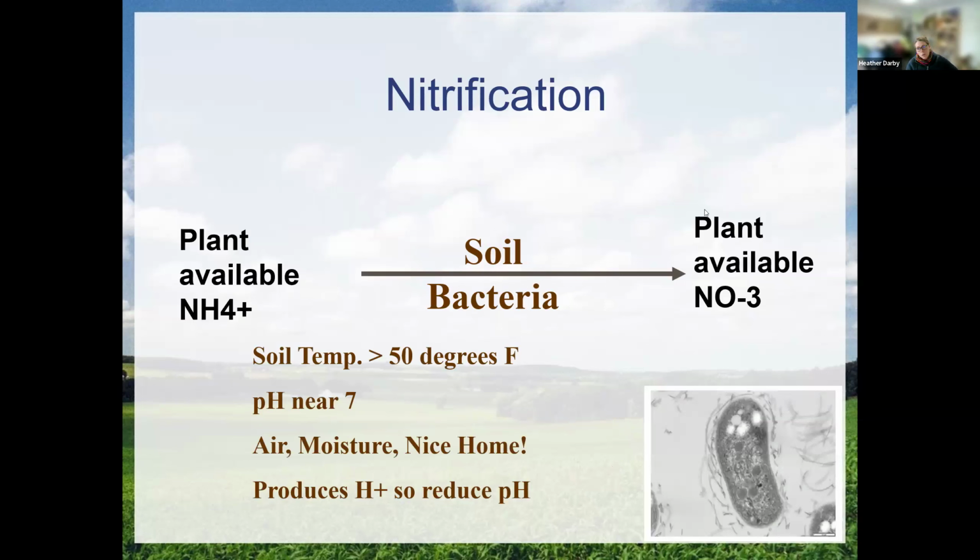Okay, so I did say that crops like nitrates better, and in the soil, that ammonium nitrogen, which the plants will take up too, does get converted to nitrates, and it can be converted quite quickly. Now, one thing I want to note here is that ammonium has this NH4 plus, and nitrates have a NO3 minus.